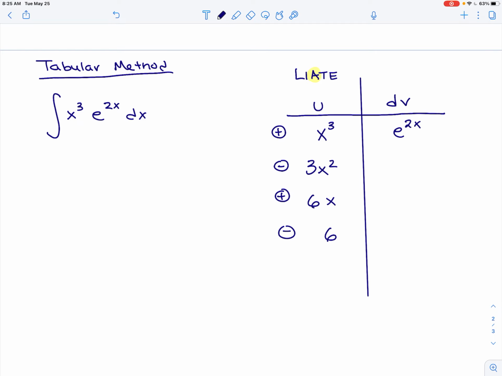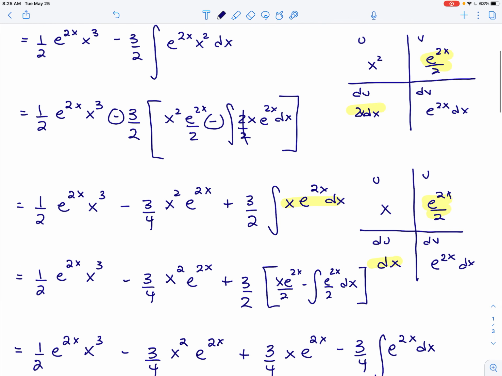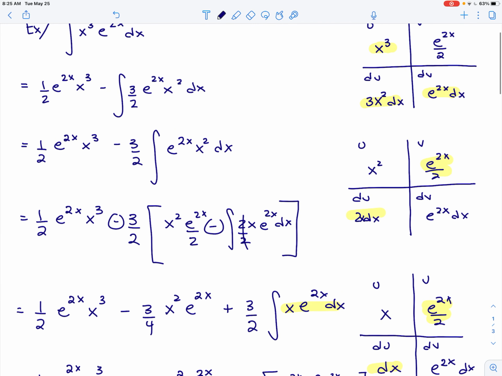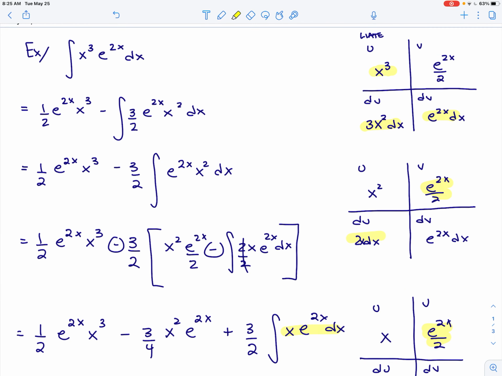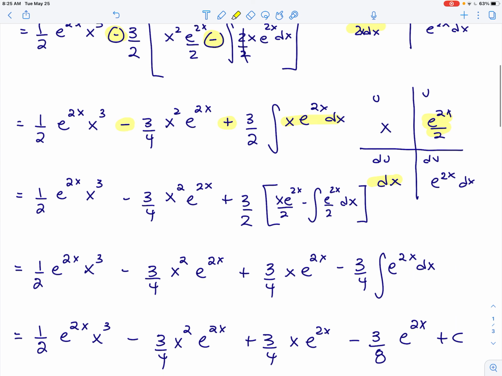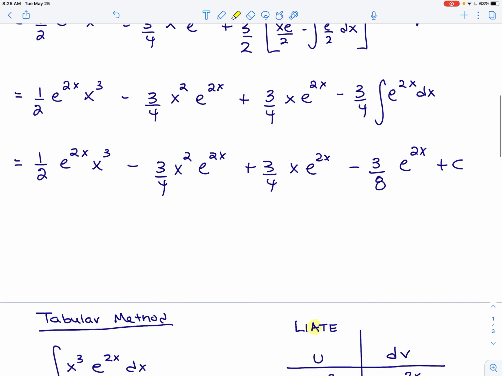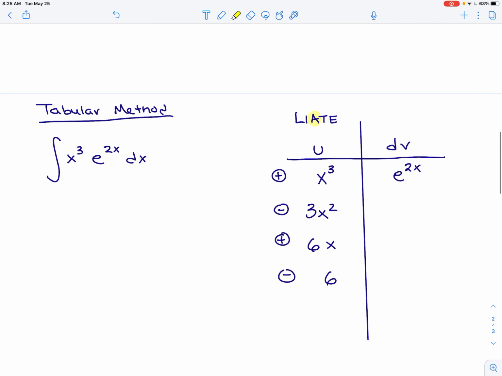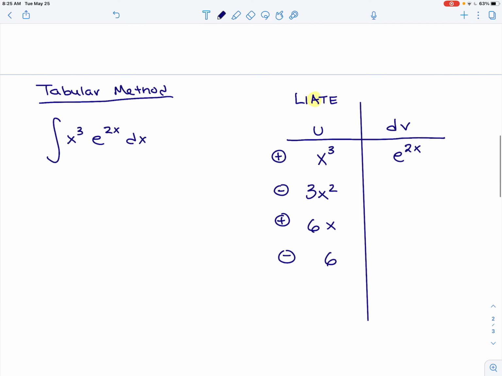And you're doing this because every second time you take the integral, you are subtracting it, right? And then adding it. So you can see that the sign is going to switch all the way down. And then on the other side, so this side you were taking the derivative. And then over here you're going to integrate.